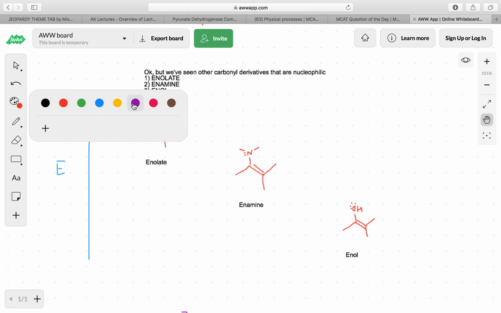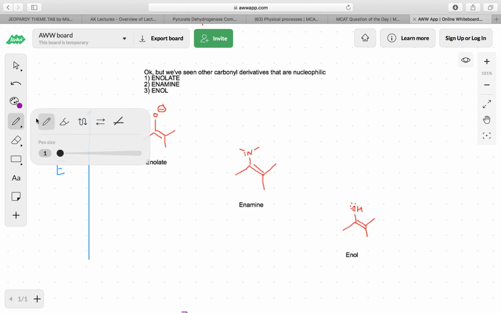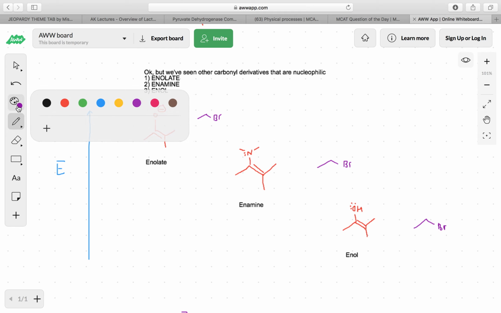I'll just put ethyl bromide again. So we know what's going to happen is that this oxygen is going to push down, and then this pi bond is going to attack and kick off this bromine.